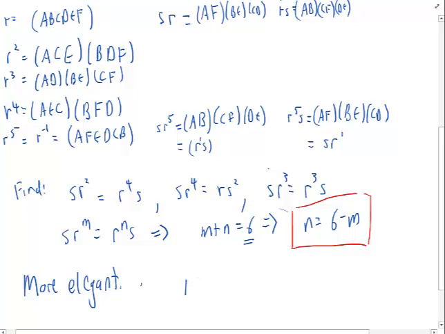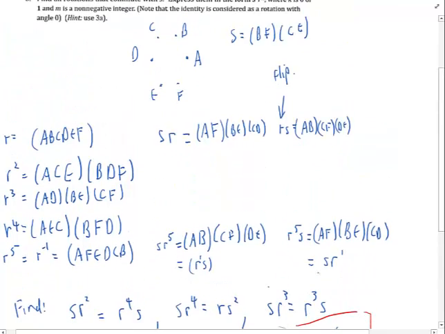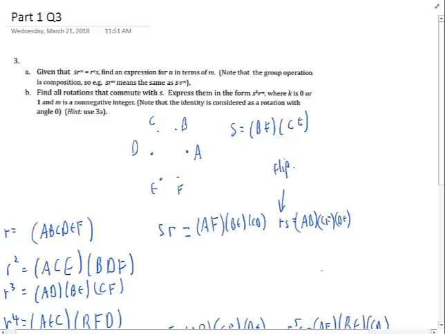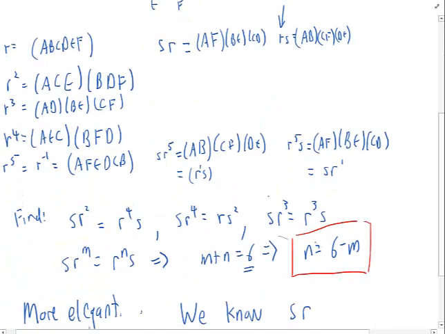Okay, we know that sr to the m is a flip. We know that from the chapter.